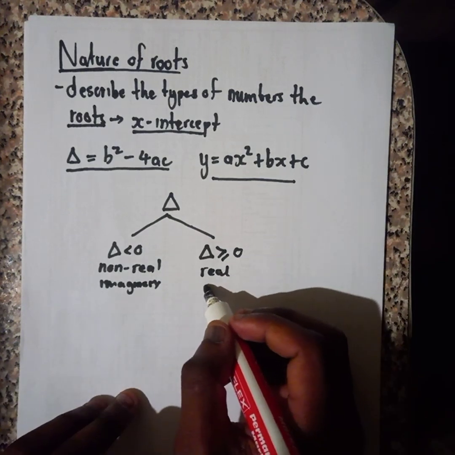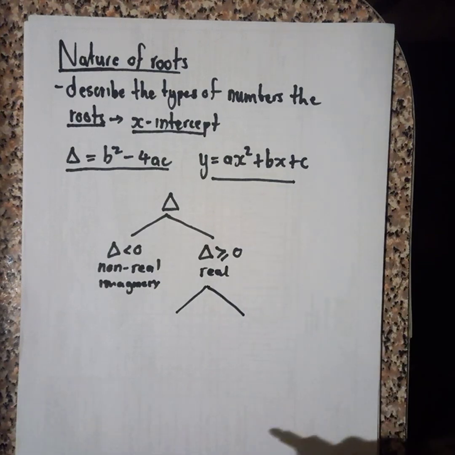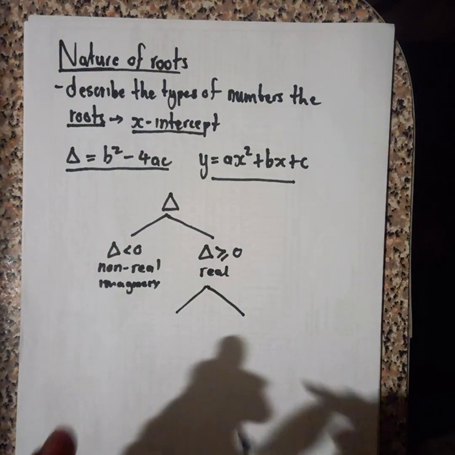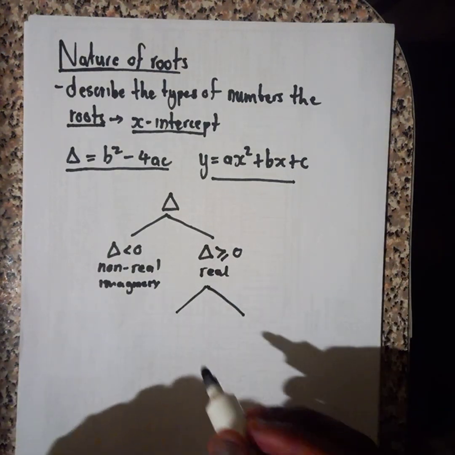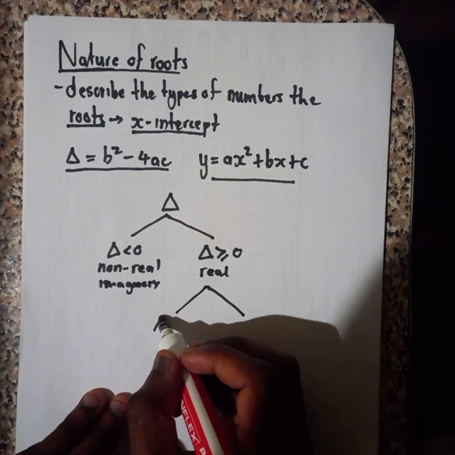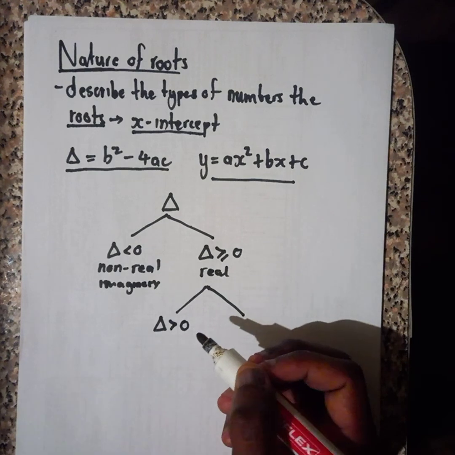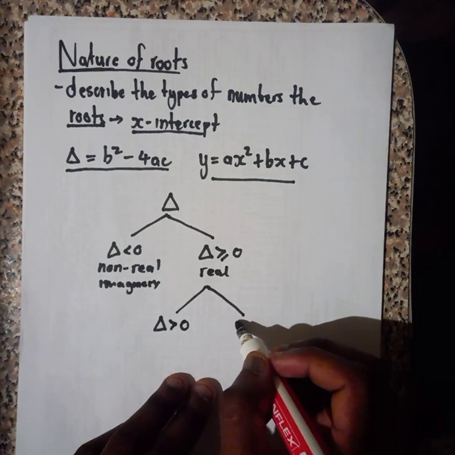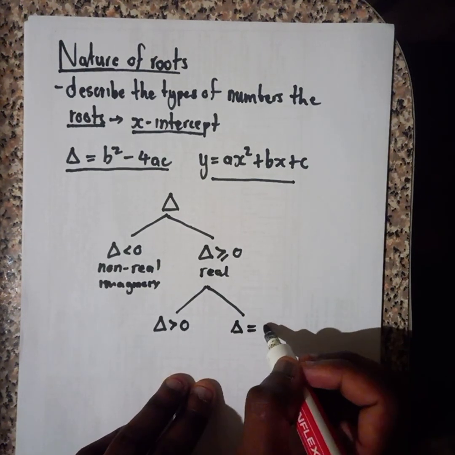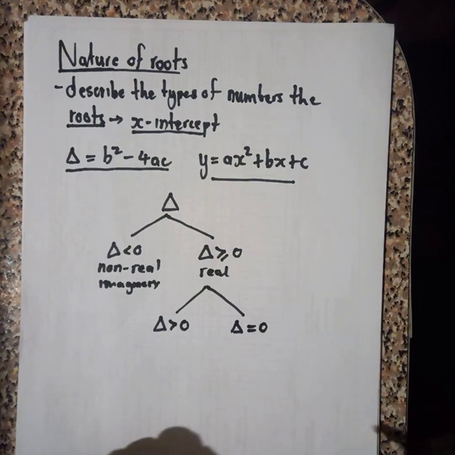The real roots branch into two. Firstly, we have a condition where your delta is greater than 0, and also where your delta is equal to 0.